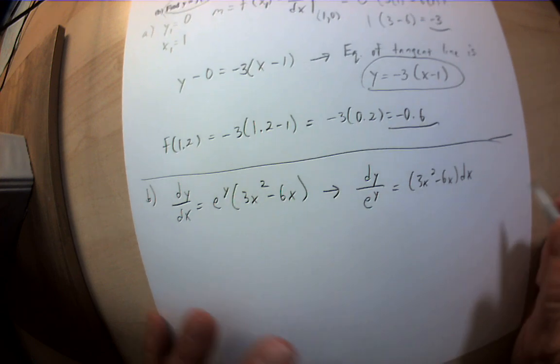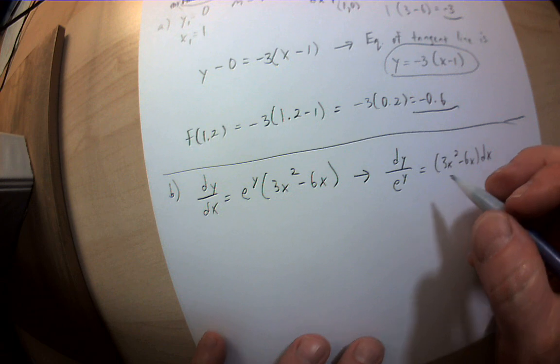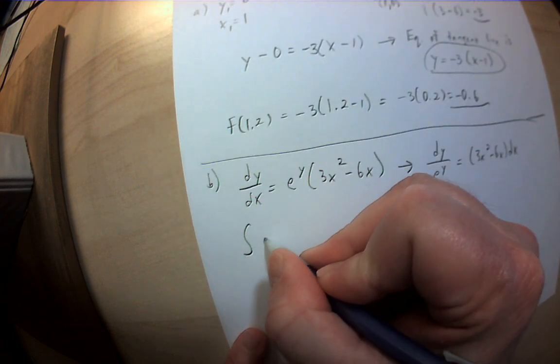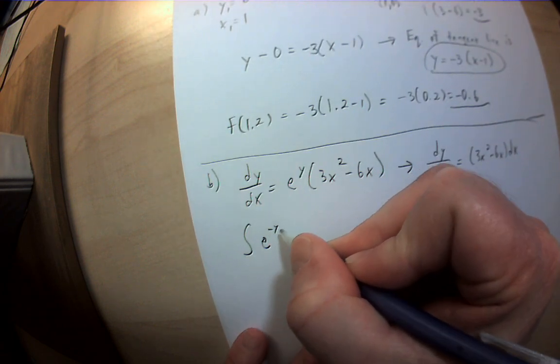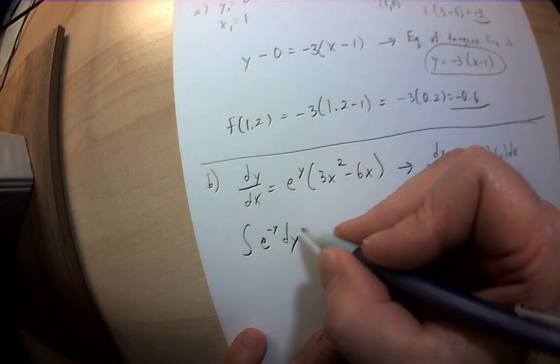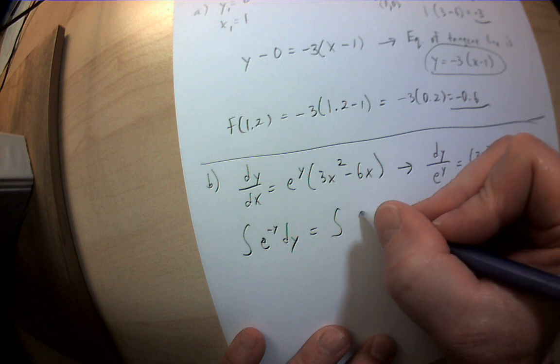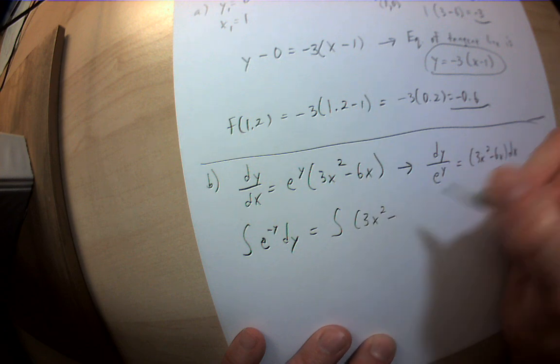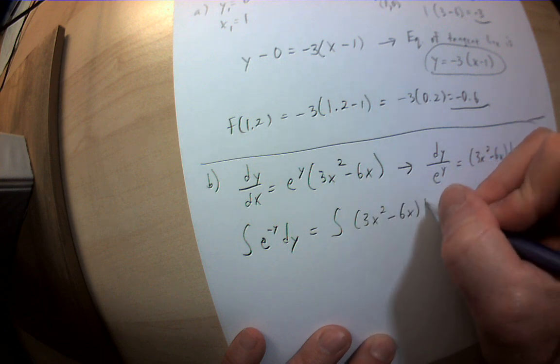Okay, so I'm going to take an integral here. I'm going to take the integral of e to the minus y dy. Remember, when I move it upstairs, I change the sign. Equals the integral of 3x squared minus 6x dx.